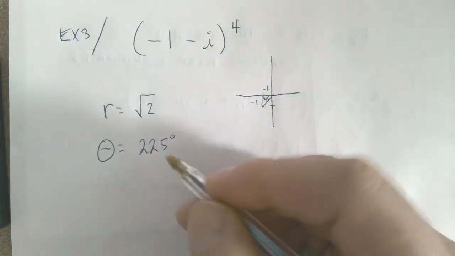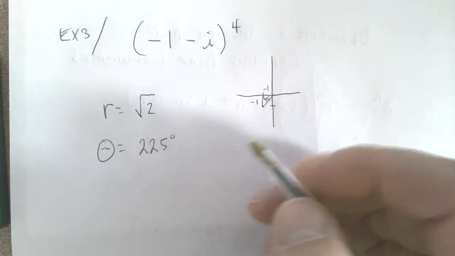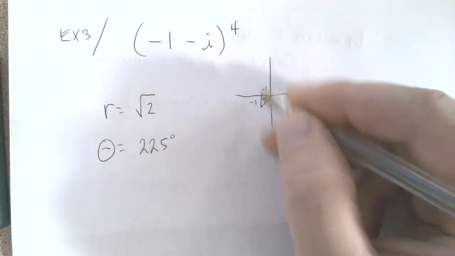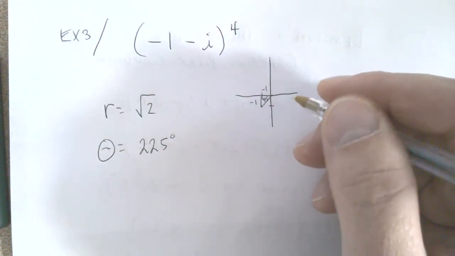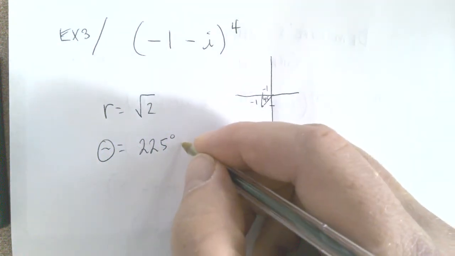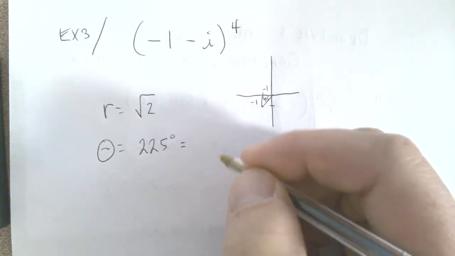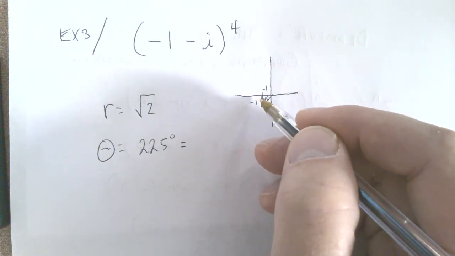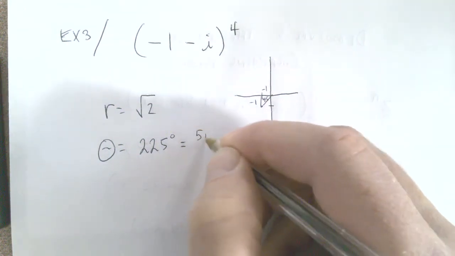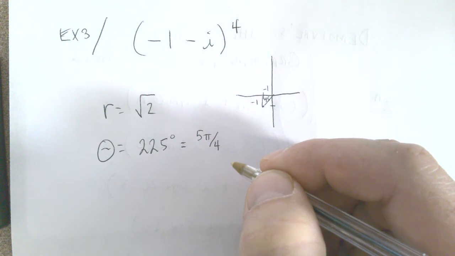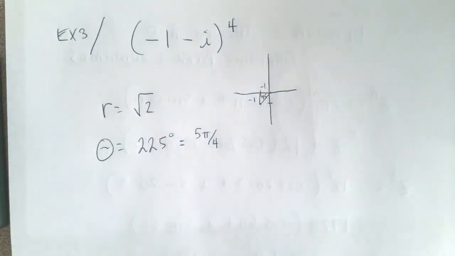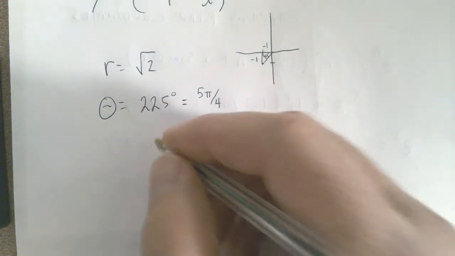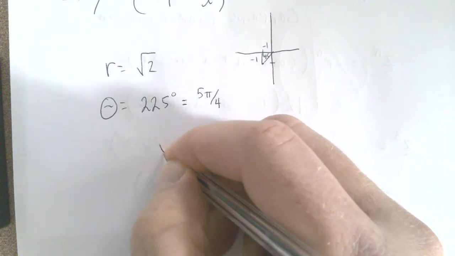Now, guys, something else I'm going to do on this one, and you can do this however it works best for you: if I were putting 225 into radian form, what would that be? We know it's pi all the way to 180, then we're going to add another pi fourths. So everybody, hopefully you agree that would be 5 pi fourths for theta. I'm going to put it in that form, and if it's easier for you to leave it in 225, you can do that, but you'll see in a minute why I'm doing that.